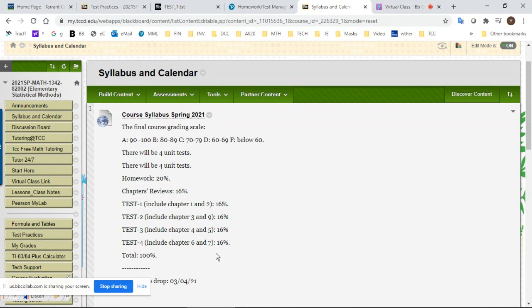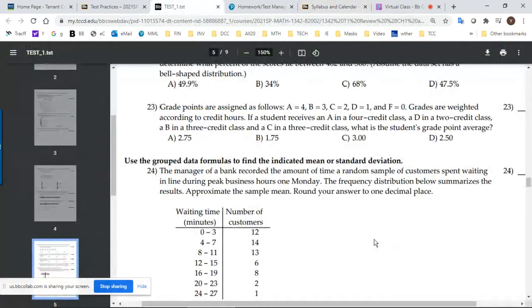Okay, all right. So now you should be able to use this and calculate your own test grade that way. Okay. Any questions?